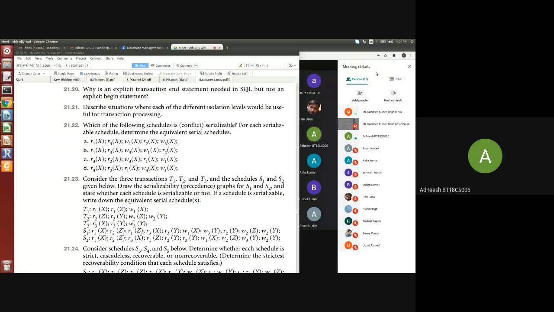Sir, this B, I don't think it is serializable. It should be non-serializable. Which one? B. Yeah. B is serializable? No, non-serializable, sir, for me.